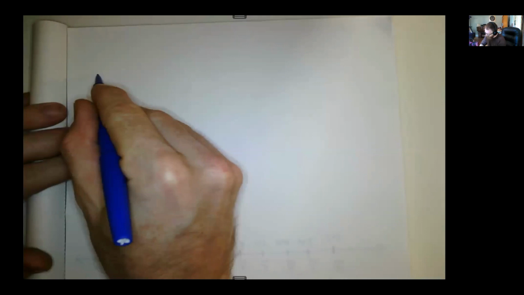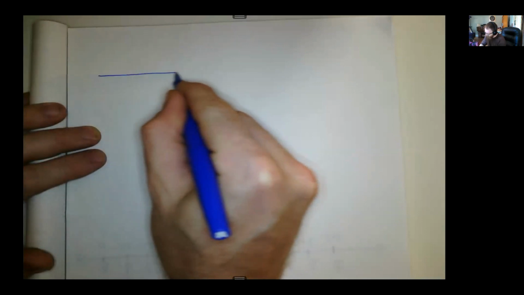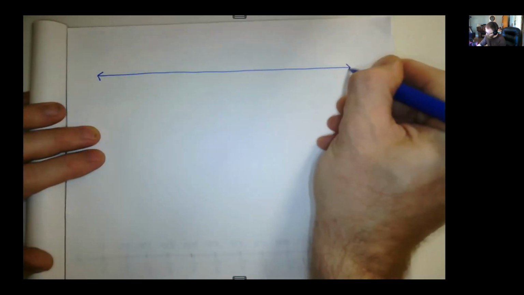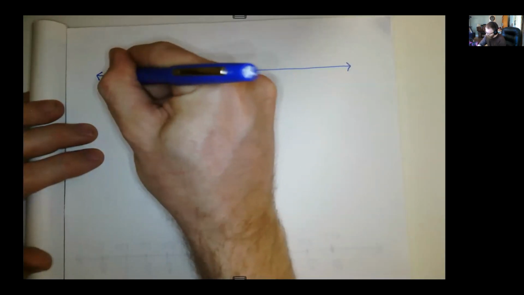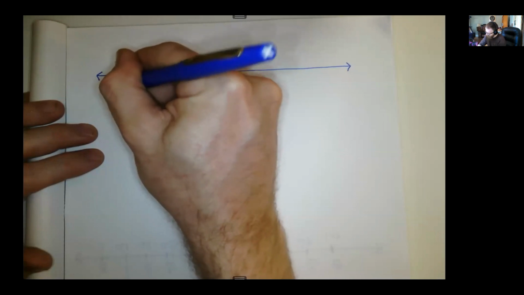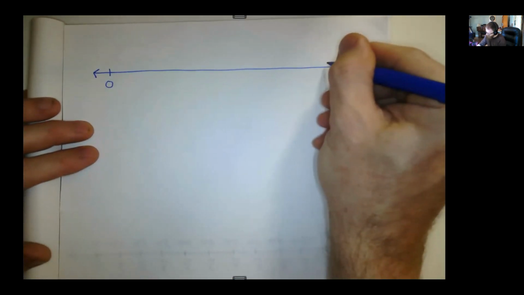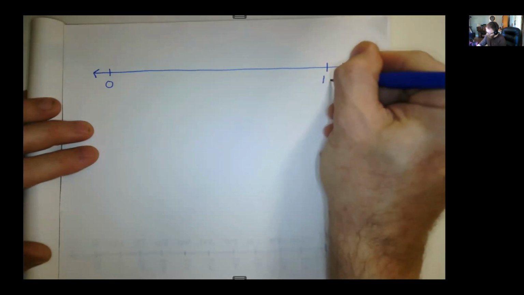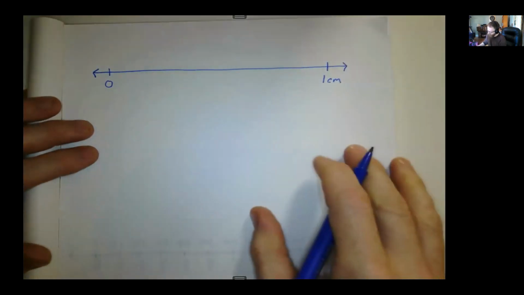You can stay on the same piece of paper. You can get a fresh piece of paper. We're going to draw ourselves another number line. And we're talking about centimeters this time. We're going to mark 0 and 1 centimeter.